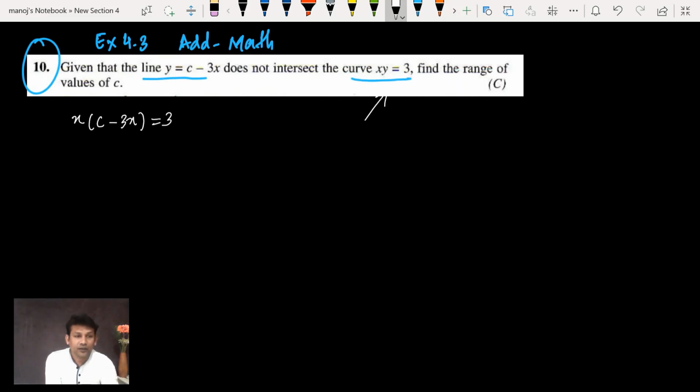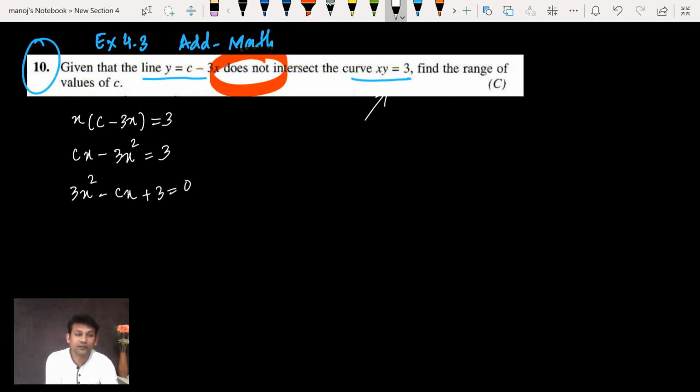Now cx minus 3x square is equal to 3. I want to make it positive, so 3x square minus cx plus 3 equals 0, and it is given here that the line does not intersect.